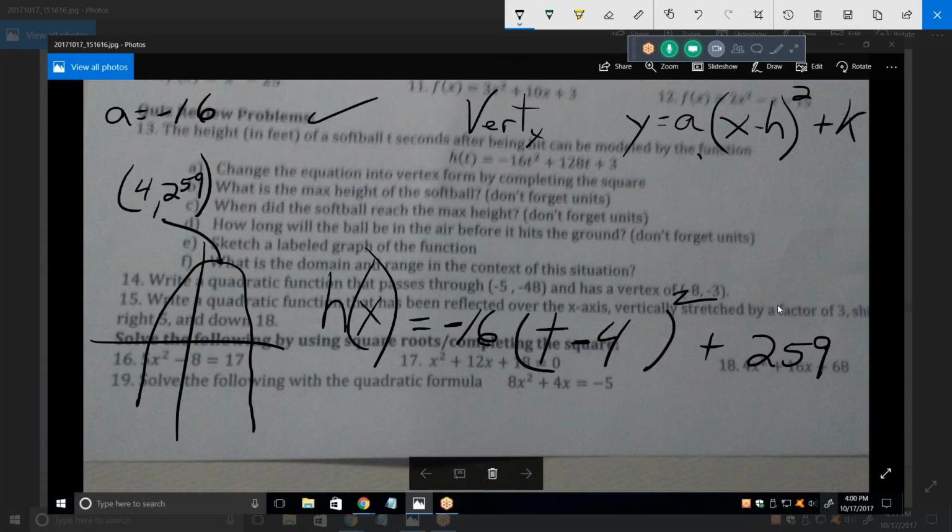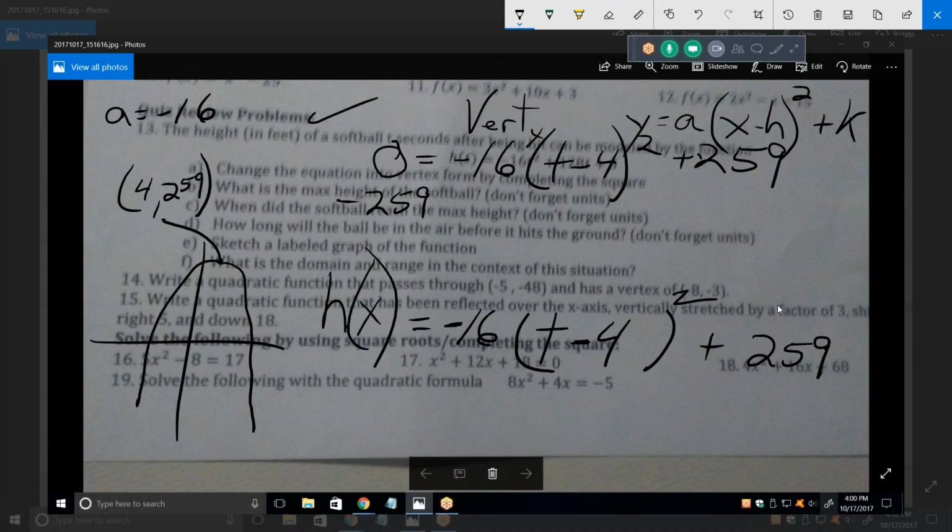0. Yeah, so I'm going to solve this equation and figure out when it hits the ground. Okay, so the first thing I'm going to do is what? Subtract 259. Then the second thing I'm going to do is what?